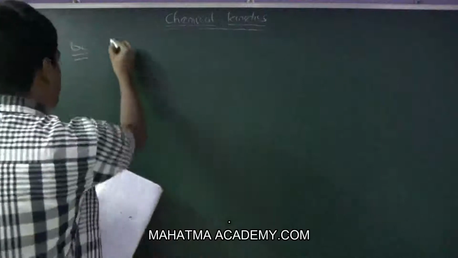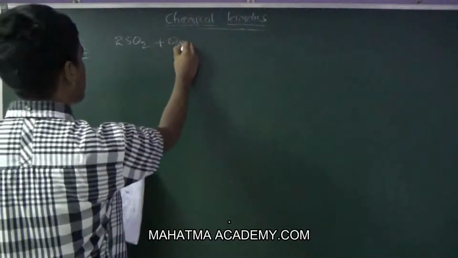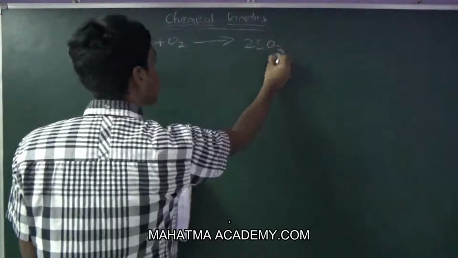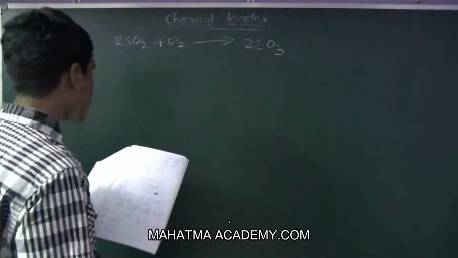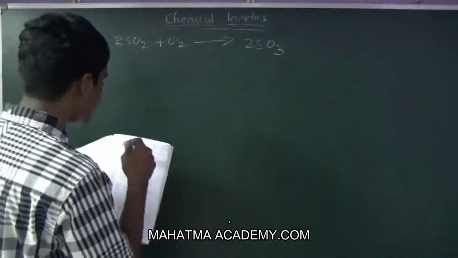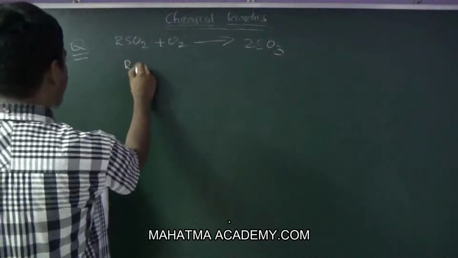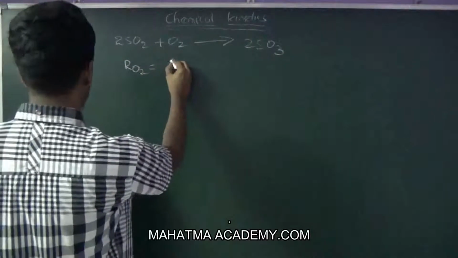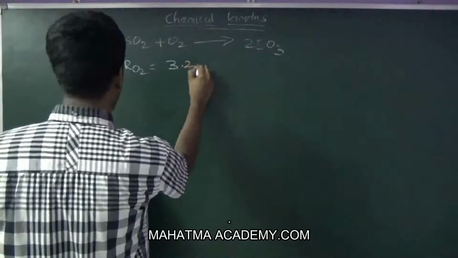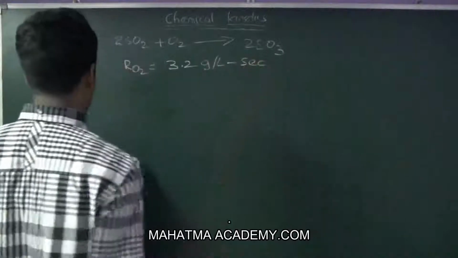In the reaction 2SO2 plus O2 gives rise to 2SO3, the rate of disappearance of O2 is given as, suppose, 3.2 gram per liter second.